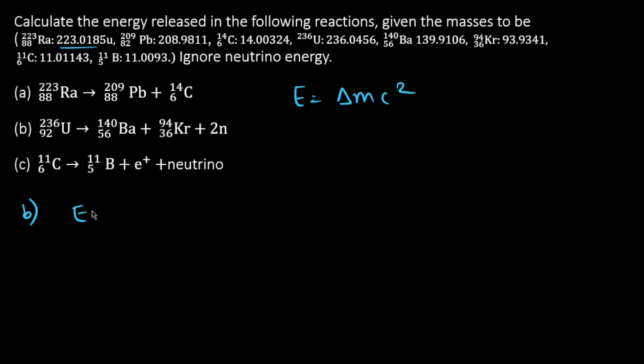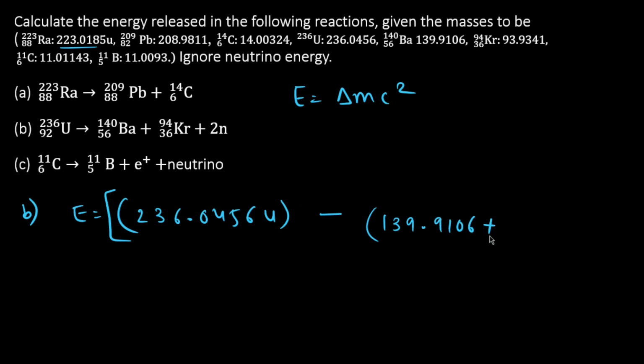For the second one, we have uranium. The mass of uranium is given to us as 236.0456 U, minus, on the right hand side we have Ba and Kr, that is mass of Ba is 139.9106 plus krypton, mass of krypton is 93.9341, into C square.